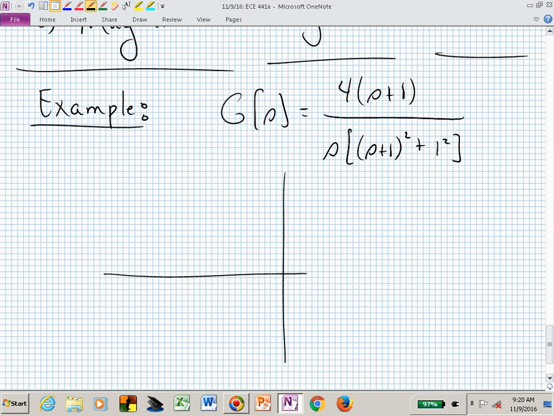We have a pole at the origin. We have a 0 at -1. And we have poles at -1 plus and minus j.